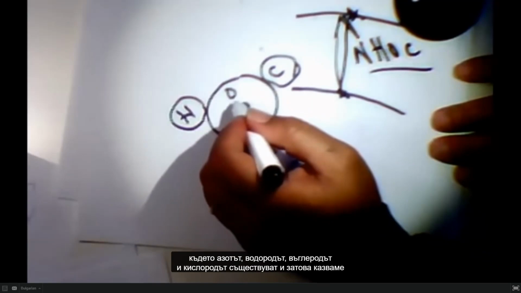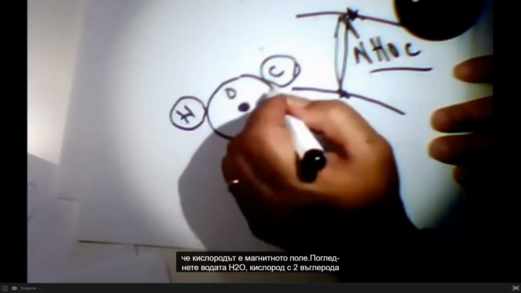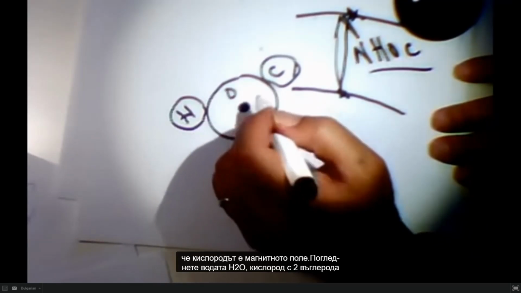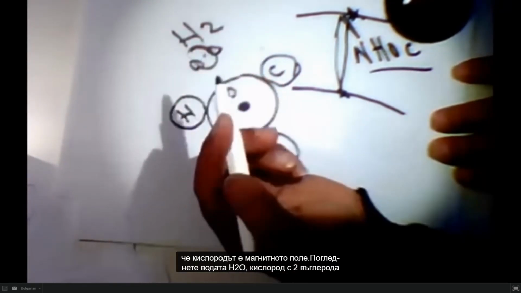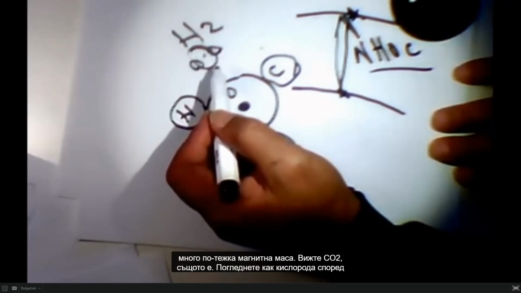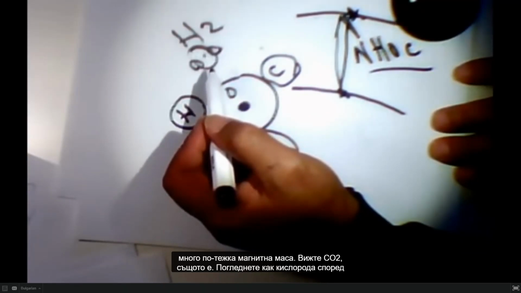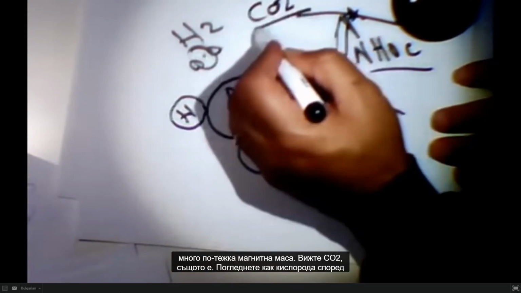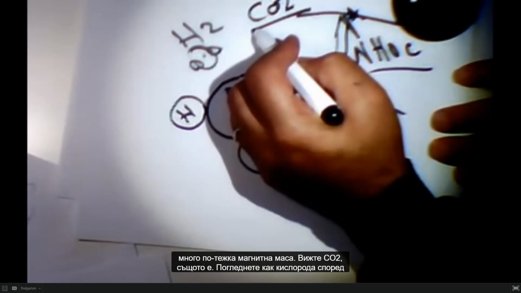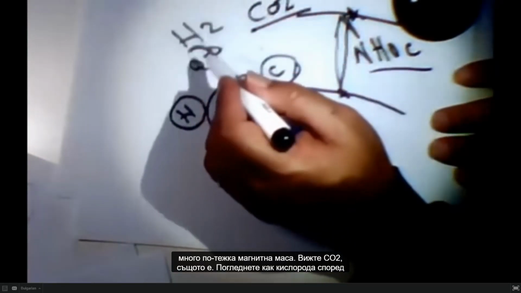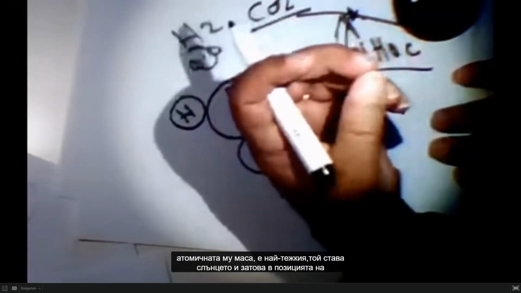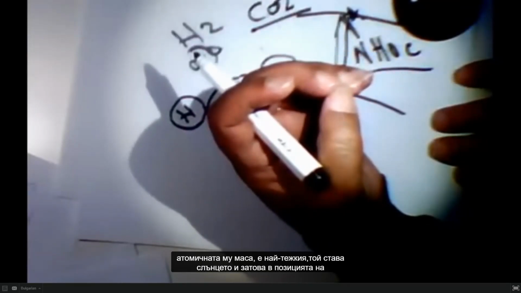That's why we say oxygen is the magnetic field. Look at the water, H2O, oxygen with 2 hydrogen, much heavier magnetic mass. Look at the CO2, the same. Look at how oxygen, according to its atomic mass, is the heaviest, is the center, is the sun, becomes the sun.